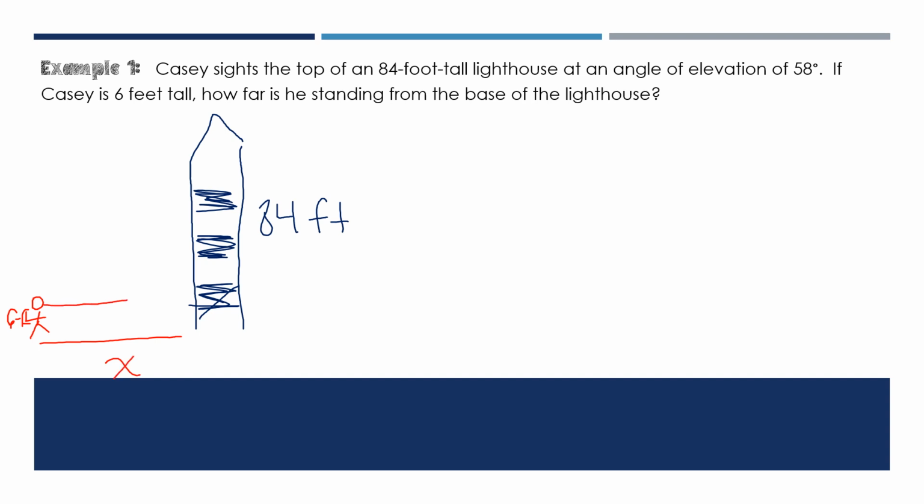But we know his line of sight goes all the way to the top of the lighthouse, and his line of sight and the horizontal create a 58-degree angle.